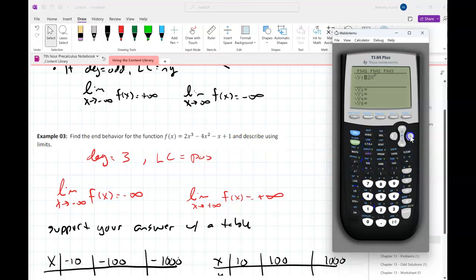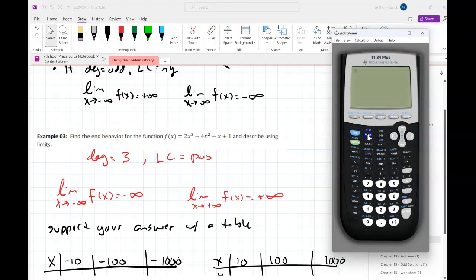So 2x cubed minus 4x squared minus x plus 1. I'm going to exit out now to the main screen. And I'm going to do y1 of -10, y1 of -100, y1 of -1,000, and write the values down into my table.